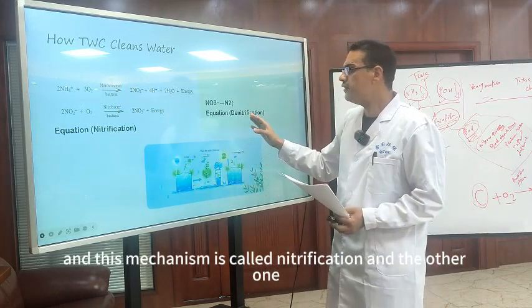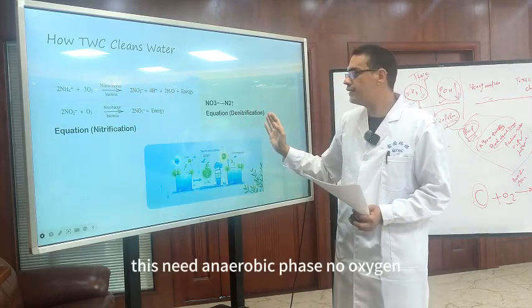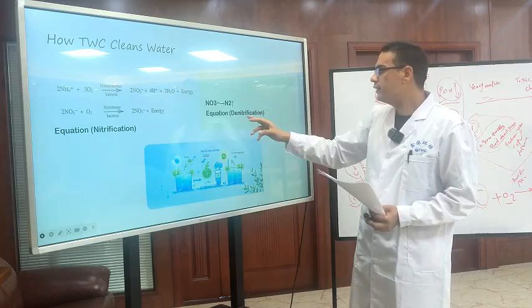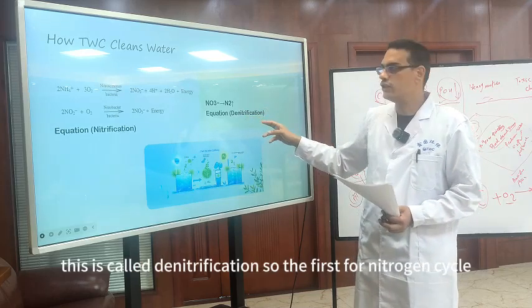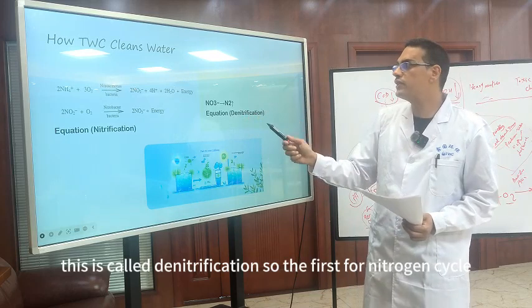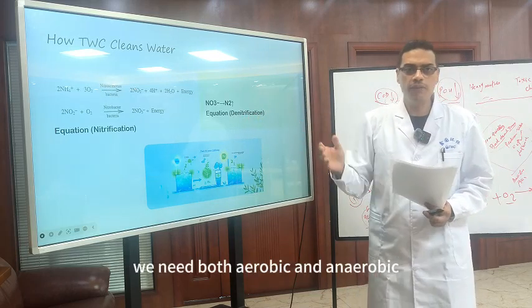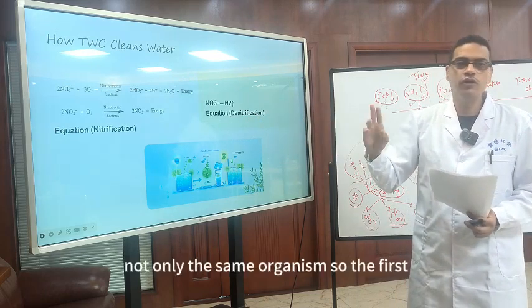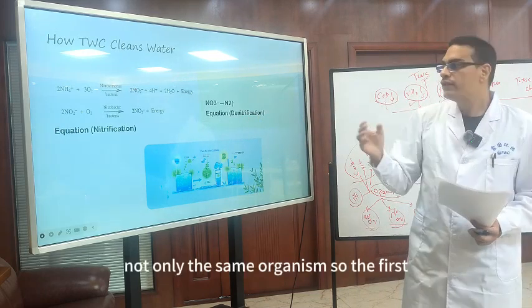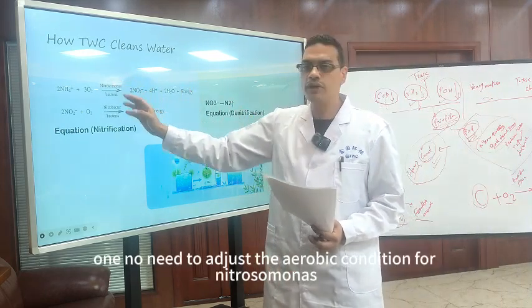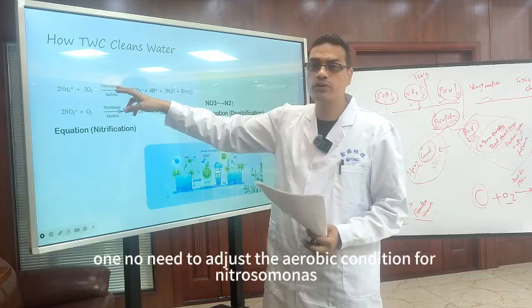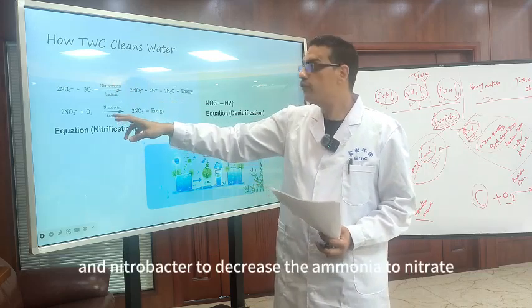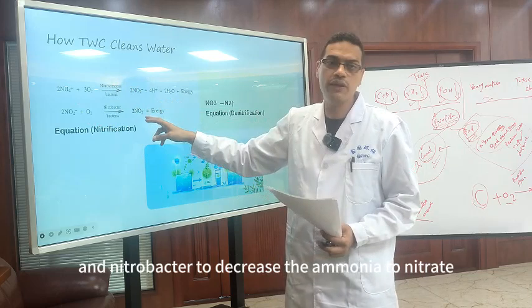And the other one, this need anaerobic phase, no oxygen. This is called denitrification. So for nitrogen cycle, we need both aerobic and anaerobic. This is two different organisms, not only the same organism. So the first one need to adjust the aerobic condition for Nitrosomonas and Nitrobacter to decrease the ammonia to nitrate.